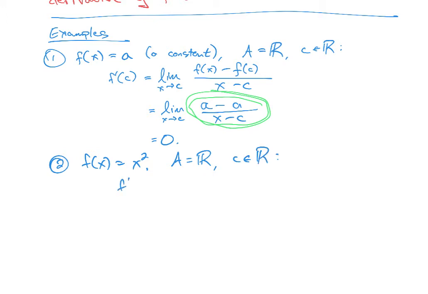Then f prime at c is the limit as x goes to c of x squared minus c squared divided by x minus c.